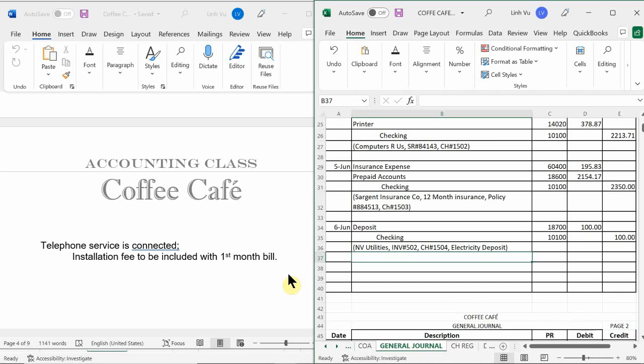What do I do with this telephone expense? My telephone line is connected.